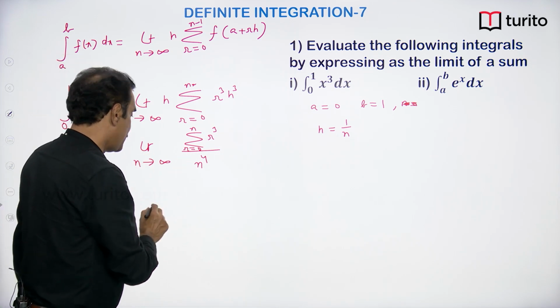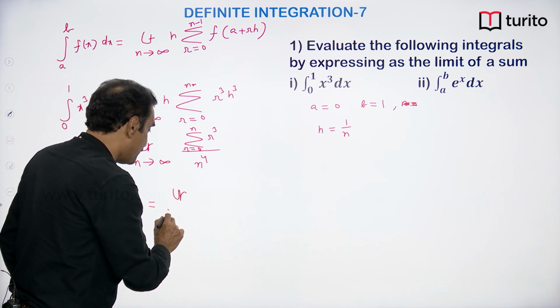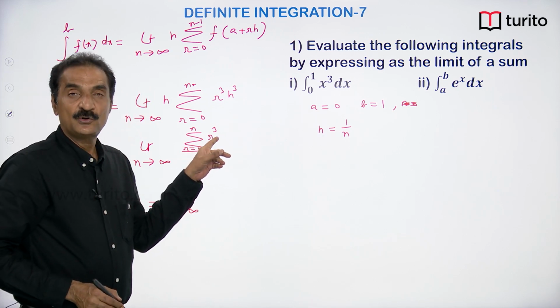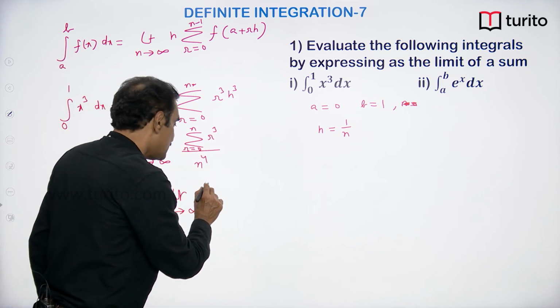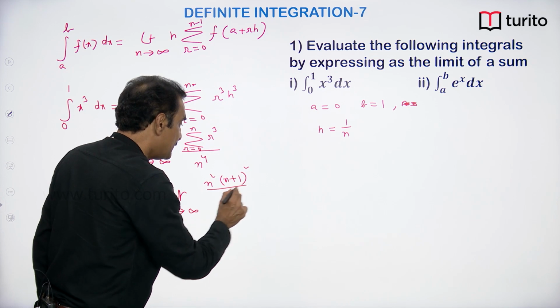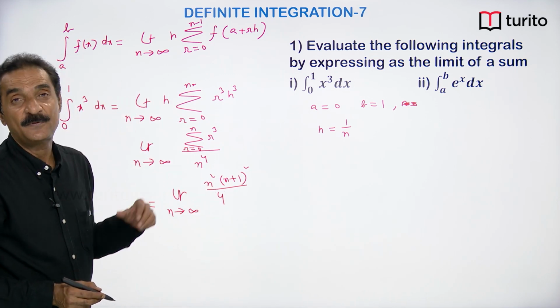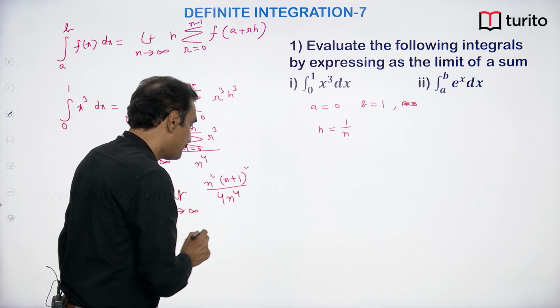Now I will write 0 to n, then what will I get? Limit as n tends to infinity, this is 0 cube plus 1 cube plus 2 cube plus up to n cube, it is n square into n plus 1 whole square by 4. All of you know the formula for sum of the cubes of the first n natural numbers, divided by n power 4.